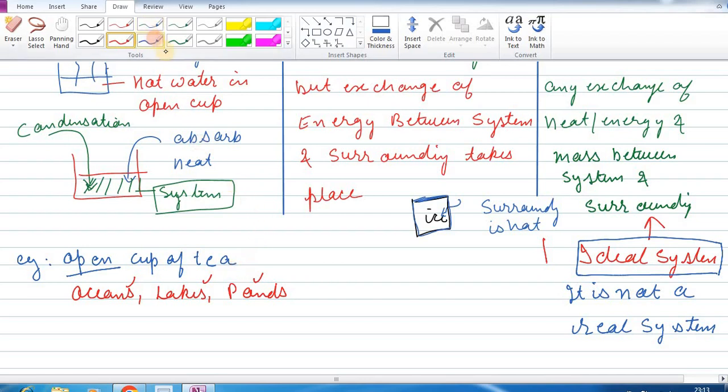Now, closed system. Closed systems are of closed nature. So when there is a closed word, then that will be called a closed system.